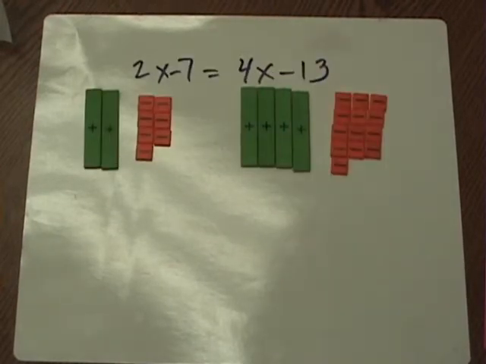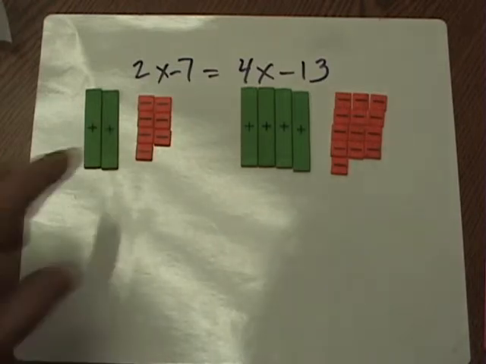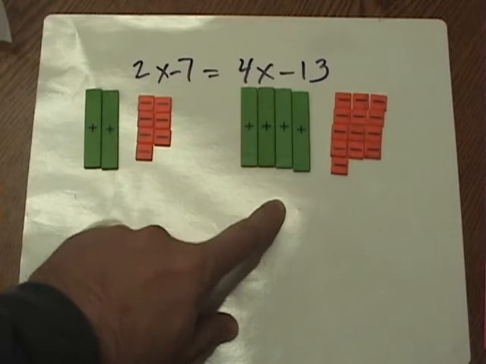Okay, and for our last one on this video, we're going to solve for x between these two linear equations, where 2x minus 7 is equal to 4x minus 13. Okay, so again, the goal is to keep the x, or get the x, positive and alone. Okay, but right now we see we have 2x's here and 4x's here.